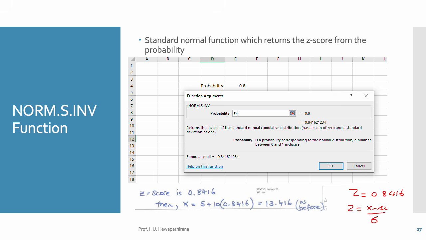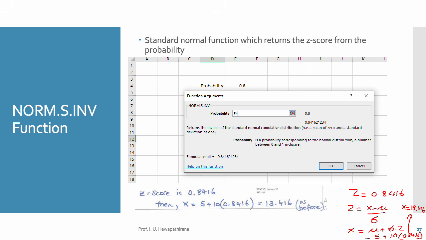So you know that Z equals x minus mu over sigma. Using this, we can find x as x equals mu plus sigma times z. So this would be equal to mu is 5, sigma is 10 times 0.8416. So from this, we can find that x equals 13.416.